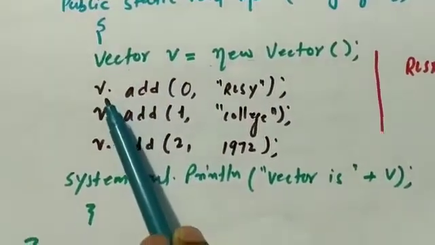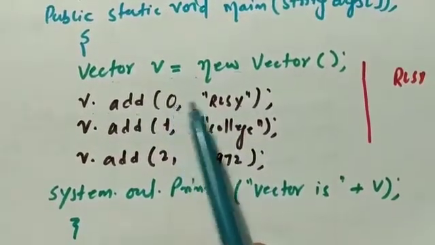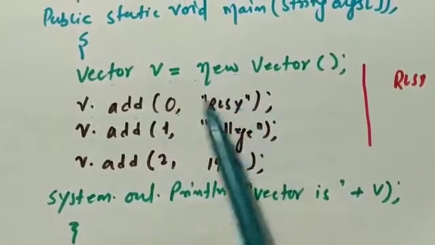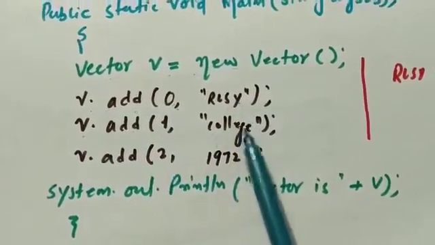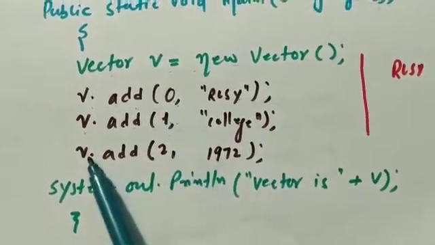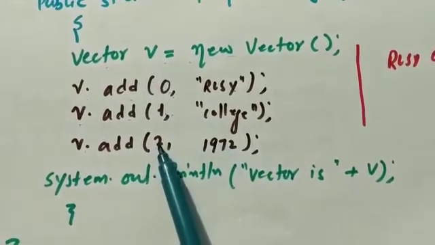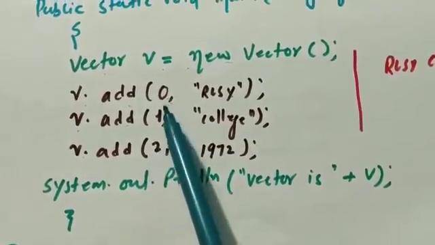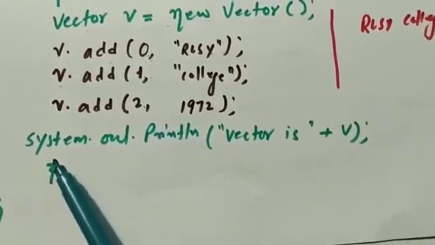Now you can see v.add(0, "RLSY"). So 0 is the index, and RLSY will be put at the 0th index. v.add(1, "college"): college will be put at the first index. And v.add(2, 1972): this integer value will be put at the second index. That means 0, 1, 2.